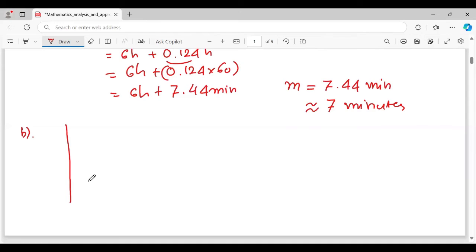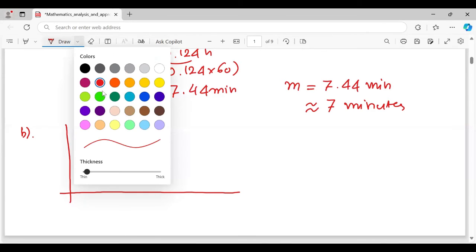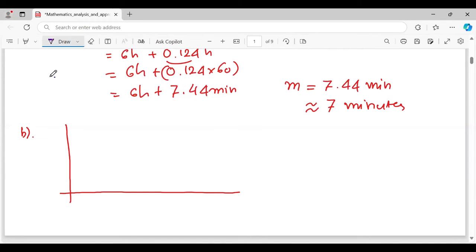I have sketched on my calculator, and the coordinate point, we can determine, right? This is a straight line.